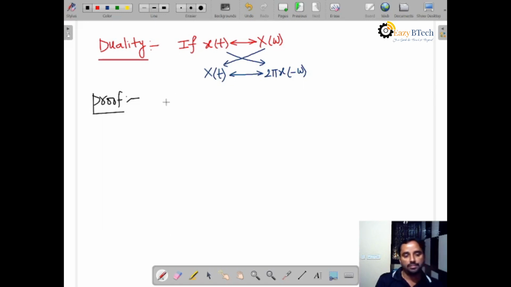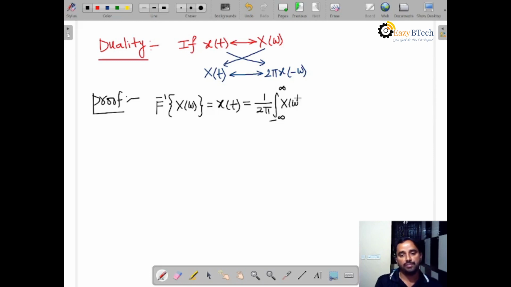For proving the duality property, we consider the inverse Fourier transform formula. We know that the inverse Fourier transform of x of omega is small x of t, equal to 1 by 2 pi integral from minus infinity to plus infinity of x of omega e to the power j omega t d omega.